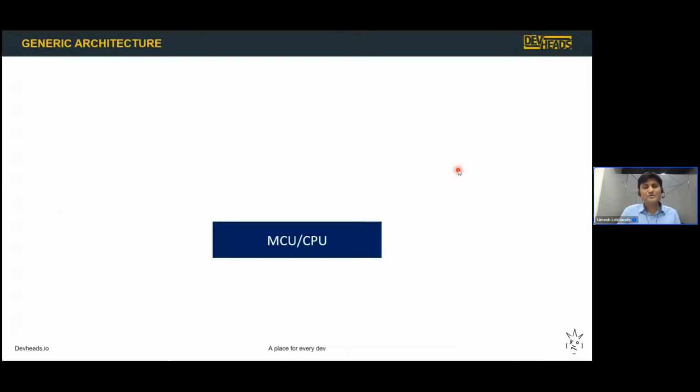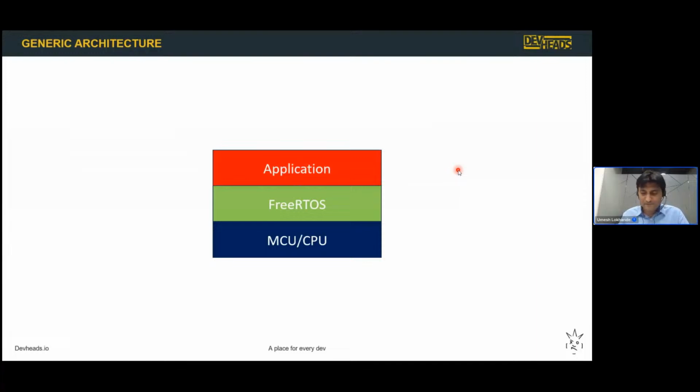So let's get into the generic architecture. If you know why we need an RTOS and where the RTOS middleware goes, we have, let's say, a microcontroller or microprocessor. On top of the microcontroller and processor, we have the FreeRTOS API, so it's like a middleware that we use. On top of FreeRTOS, we write the application code, that will be your firmware.